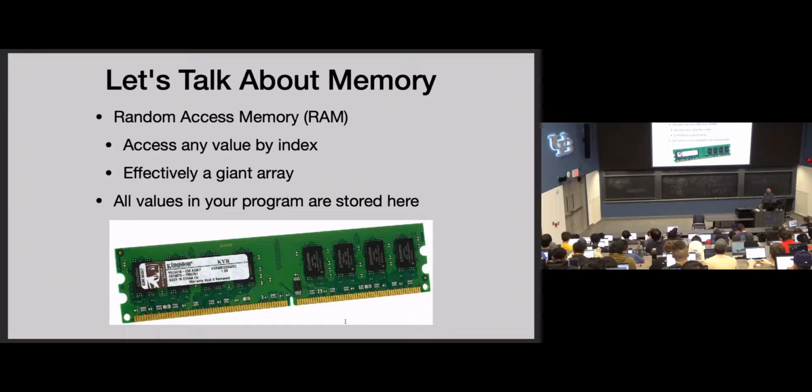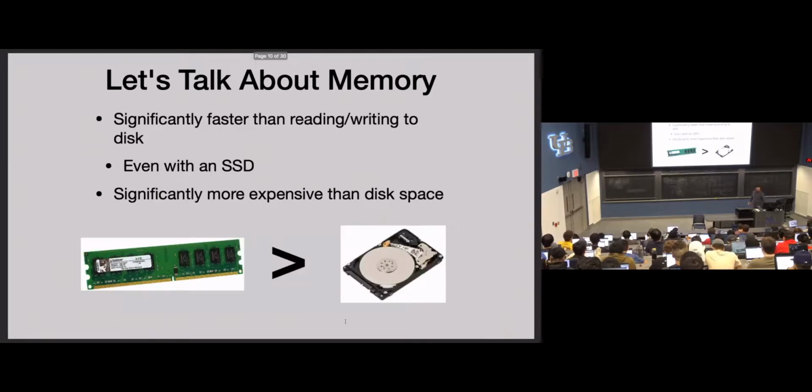This is where all of our data for our programs is going to be stored. Every time you declare a variable or call a method, it's all happening in RAM, all happening in memory. Memory is much, much faster than hard drive, but also much, much more expensive. Even if you have a solid-state hard drive, RAM is much faster than your hard disk.